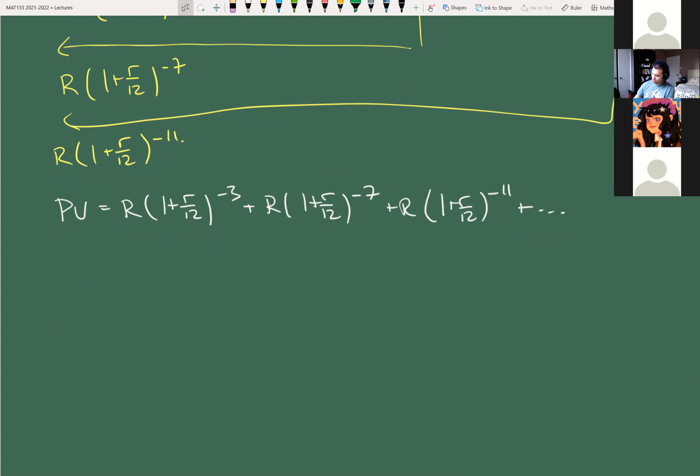The next one will be negative 15. Negative, oh, maybe I'm thinking of something else. Negative 19, negative 23, negative 27, negative 31, negative 35. So that's 3 years, negative 39, negative 43. Am I crazy?